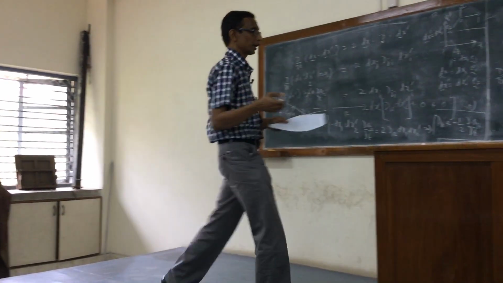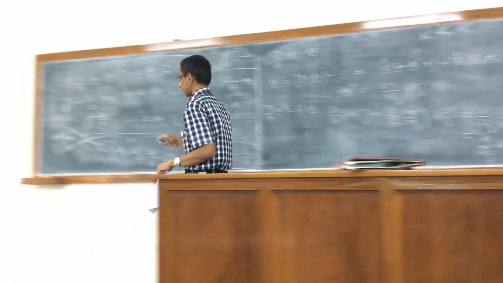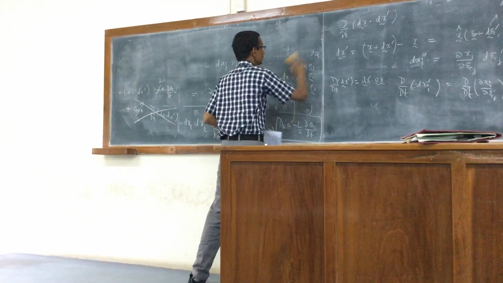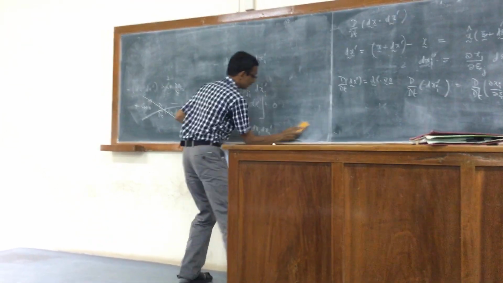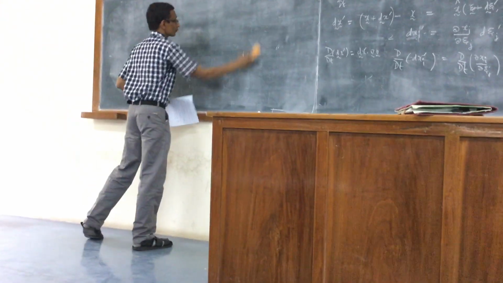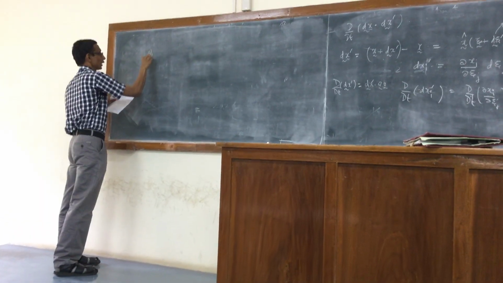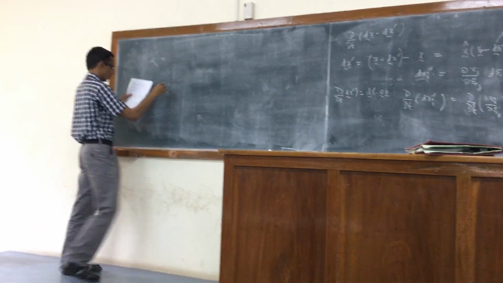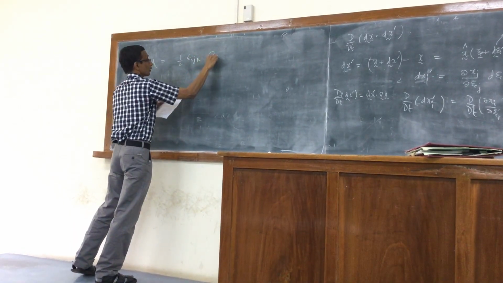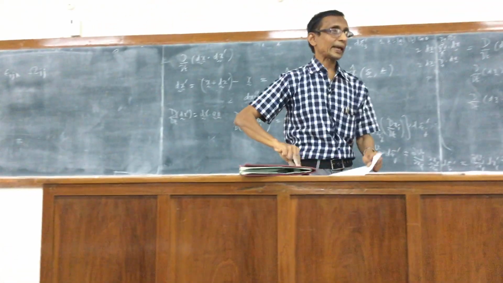What you are required to show here is that the angular velocity vector associated with the antisymmetric part of the velocity gradient tensor is equal to half the curl of v. Here omega k is half, that's the k component I am considering.